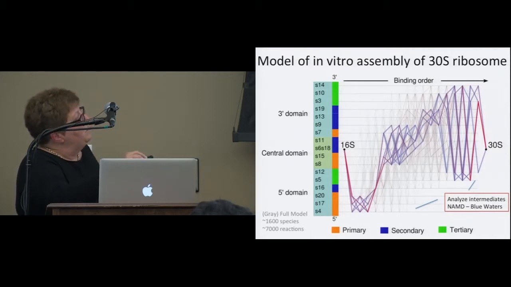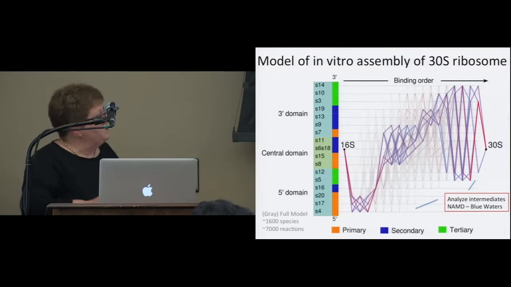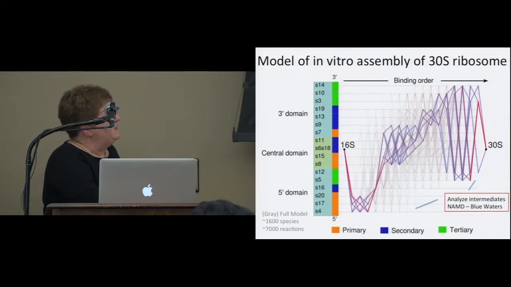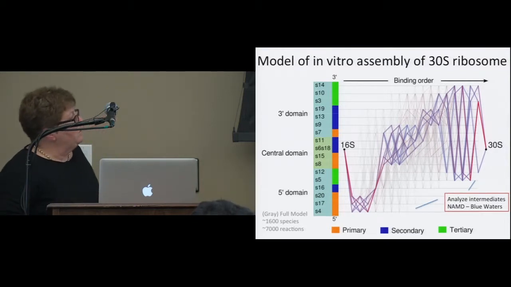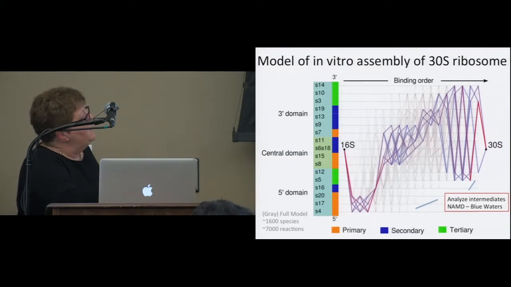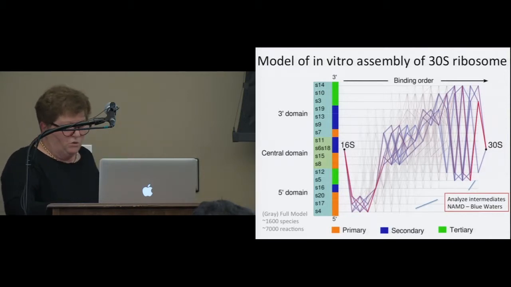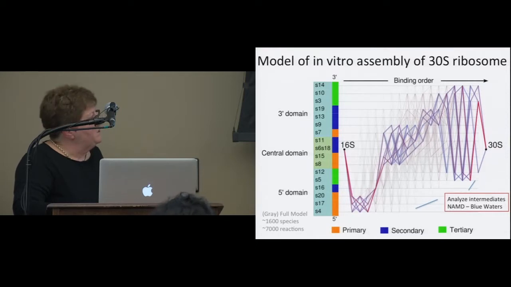The gray lines are the full system with over 1,600 species and 7,000 reactions. And you'll see that most of the flux goes through a very small number of intermediates, and that's what we'll use in trying to go to the complete in vivo model with all the other cellular networks.